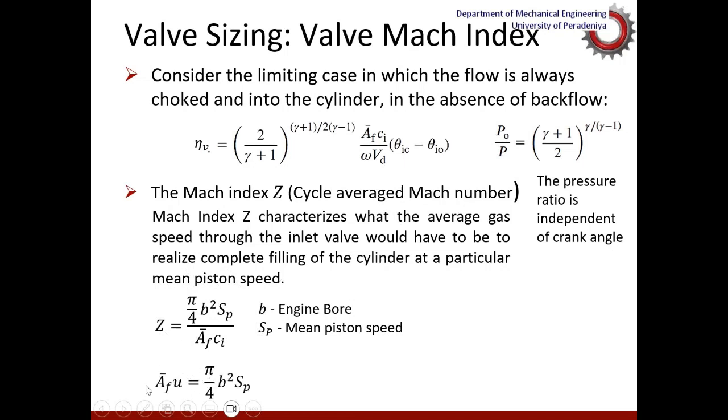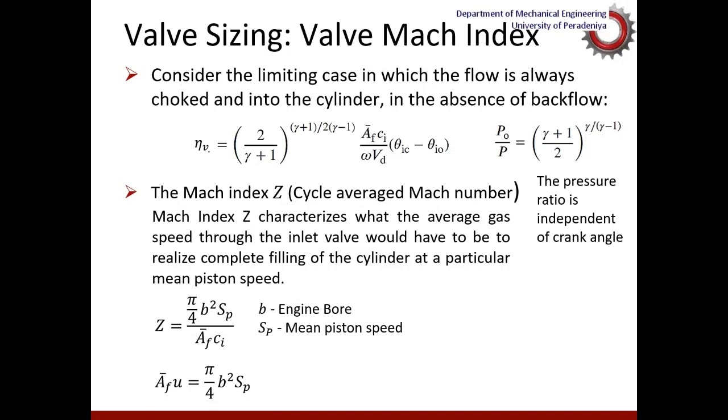The average speed, the mass flow rate, whatever comes in through the valves, should occupy the displaced volume of the cylinder. Accordingly, this is the mass flow rate that comes into the system, and this is the mass flow rate into the cylinder. And if rho is constant, then you can equate this to this. And accordingly, if you substitute these values into the definition of Mach number, that is U over C, then you will get this.